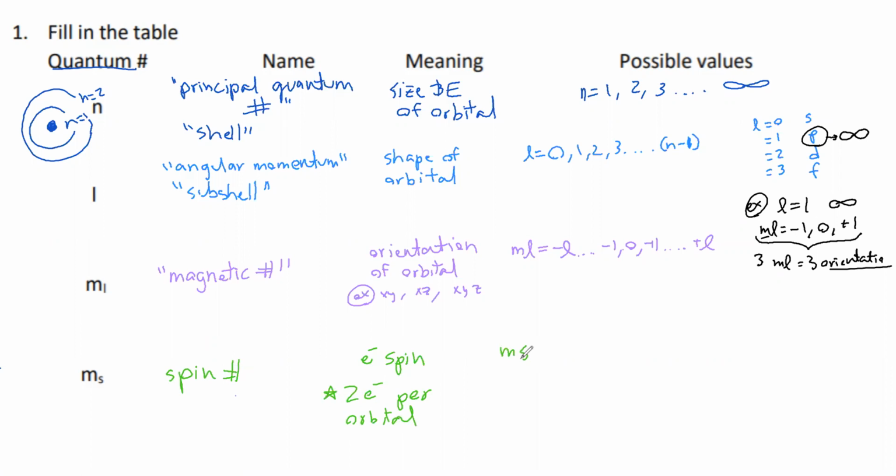And electrons can either spin up or spin down. So MS can be either +1/2 for the electron spinning up or -1/2 for the electron spinning down. And unlike the other ones, they don't really depend on anything above them. Just know that if this is an orbital, if one of them is spinning up, the other one's spinning down. You could also draw it with one spinning down and then one spinning up. It doesn't really make a difference.